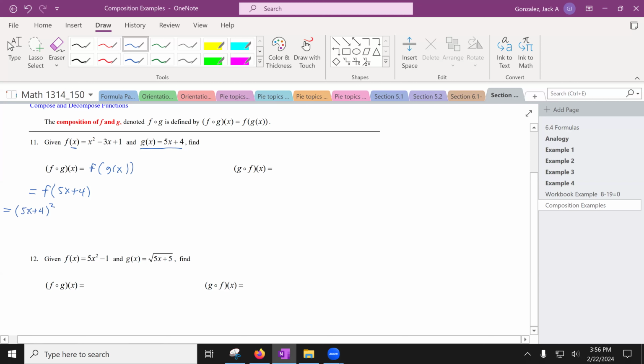So there's the first one, x squared, minus the 3 times that G function.